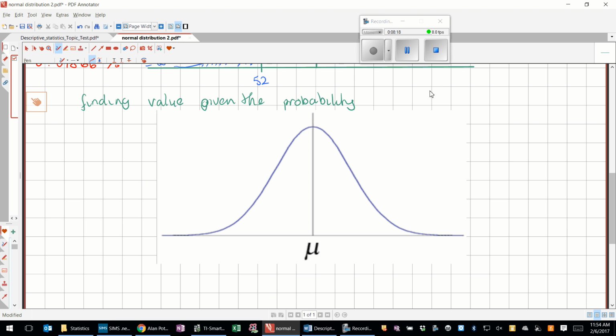We have mean is 68, standard deviation is 4.5. But what if we're told that the probability of x being greater than a value k is equal to 46%?